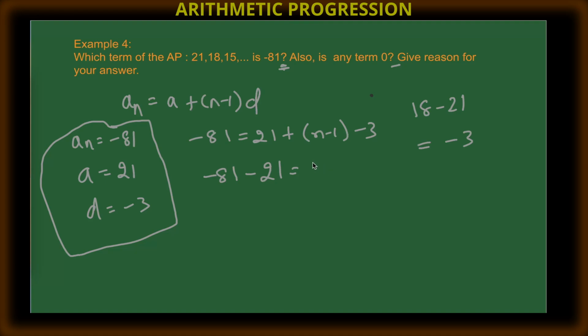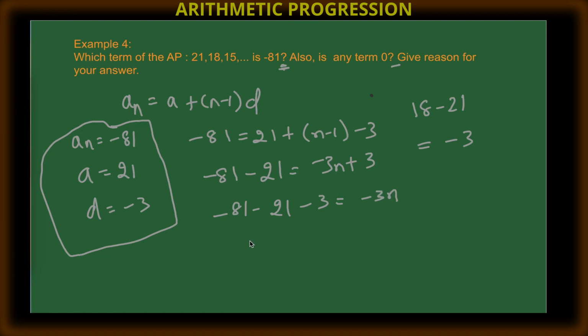Then we have 3n, minus into minus becomes plus 3. Minus 81 minus 21, bringing this here, gives minus 3n.